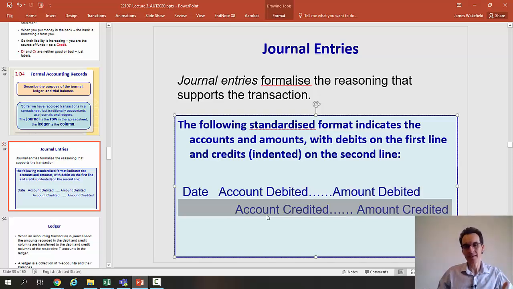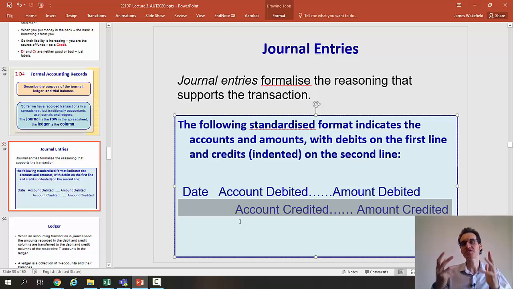Now, within this standardized format, what you will notice is the account that you are crediting is on the bottom of this journal entry, and you have indented that account and you have indented the relevant dollar amount. This is the convention that you need to follow when you record every single journal entry.